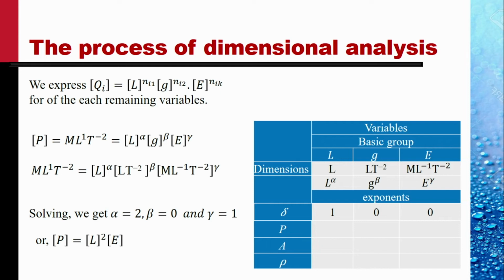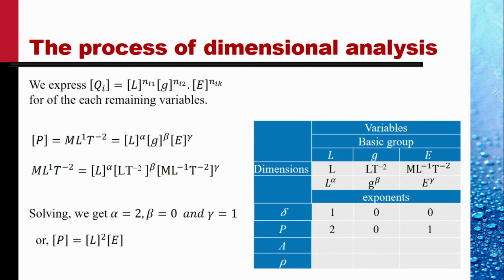Since gamma is 1, determined already, beta must be 0. Similarly, we get alpha equal to 2. So P has the same dimension as L square E. So we write the value of alpha as 2, beta as 0, and gamma as 1 as a second line in this table against P.